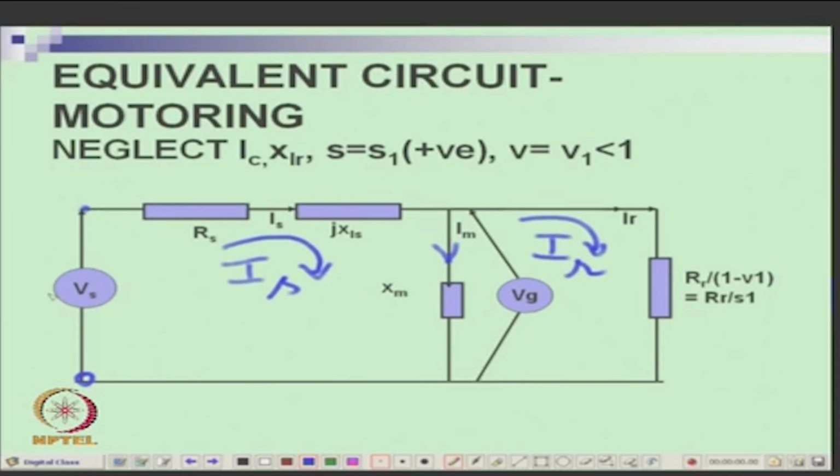Okay. Supposing you neglect the core loss current and neglect the leakage reactance, for positive slip we can have neglected the rotor leakage, means this Vg and the current will be in phase, okay. Vg and the current will be in phase.